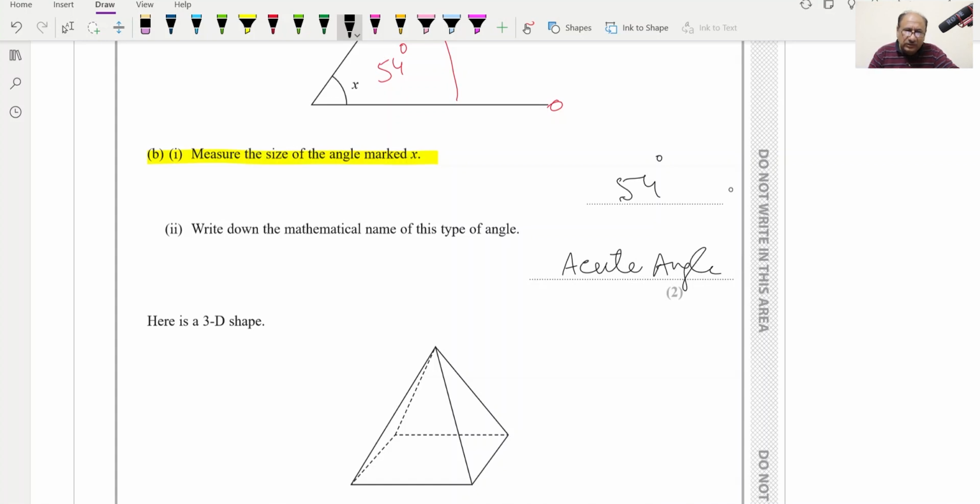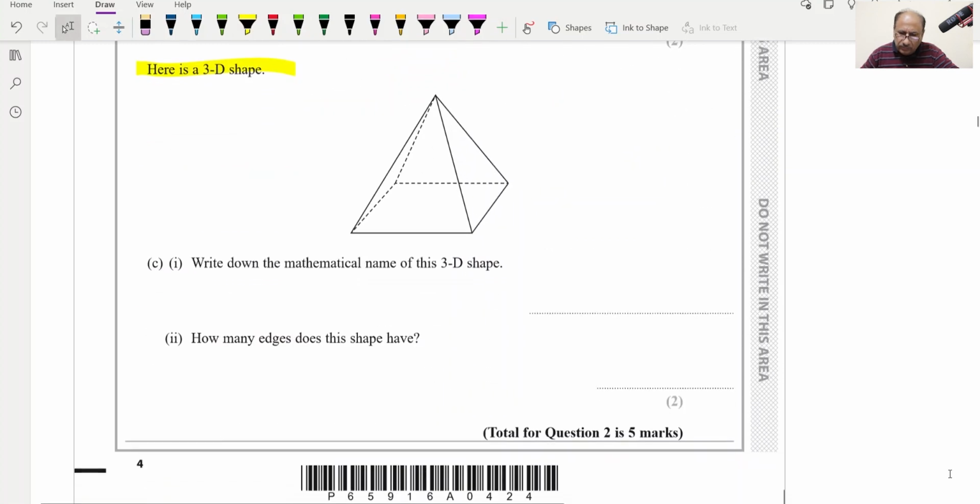Then here is a 3D shape, and write down the mathematical name of this 3D shape. This is a pyramid, and we can write pyramid. Then comes the next part, which is the second part.